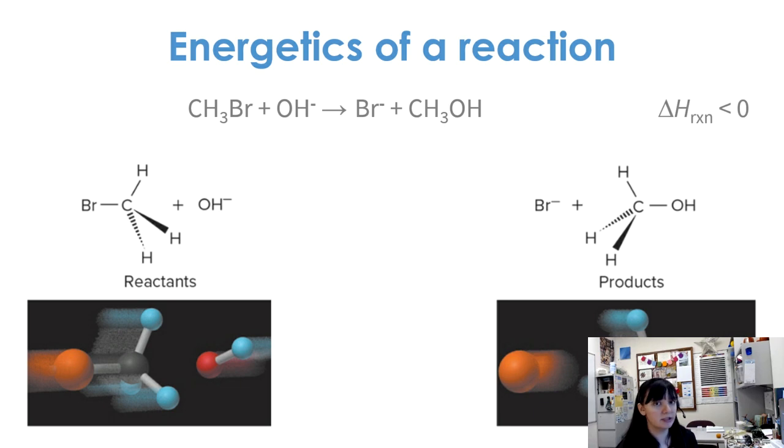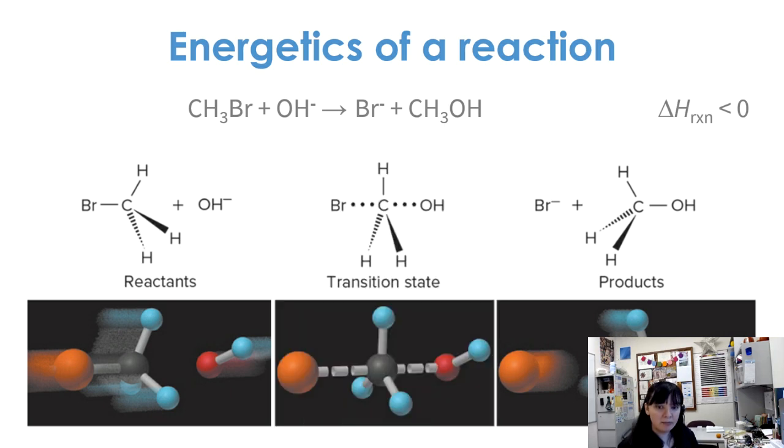The products are going to look slightly different. We have our bromide separate and then the methanol is what's in the bulk there. But right, in order to go from, say, point A to point B like we have in these reactants and products, basically there's going to be some in-between state where the carbon in the CH3 group is going to be partially bonded to the bromine and partially bonded to the oxygen, in this transitional phase between reactants and products.